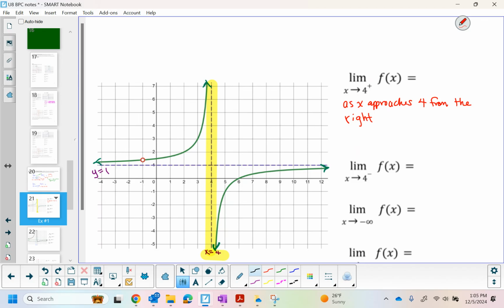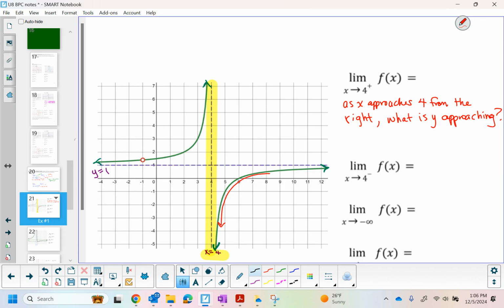And so as x approaches from the right, we're going this way, so x's are going left towards 4, y's are going down towards negative infinity. So my answer here is negative infinity. On the other hand, as x approaches 4 from the left, what is y doing?